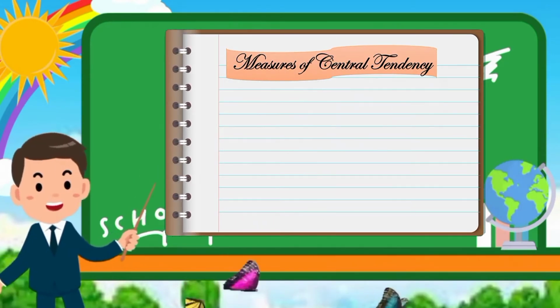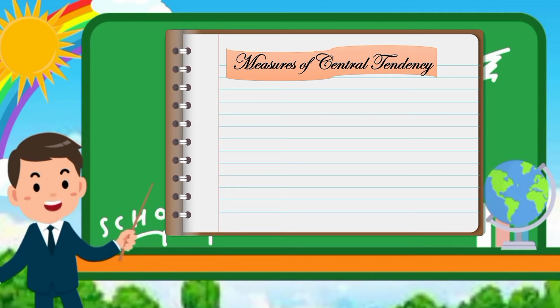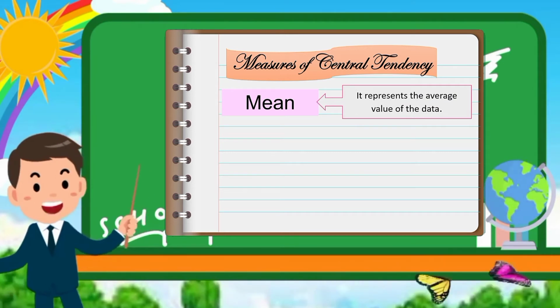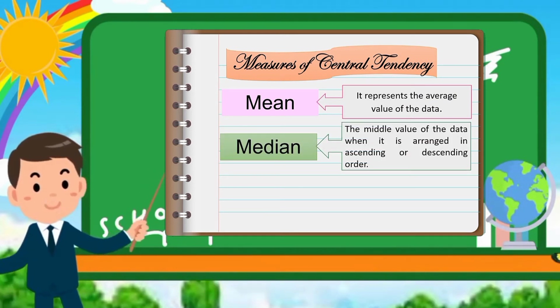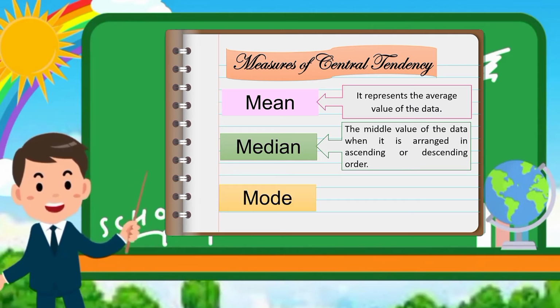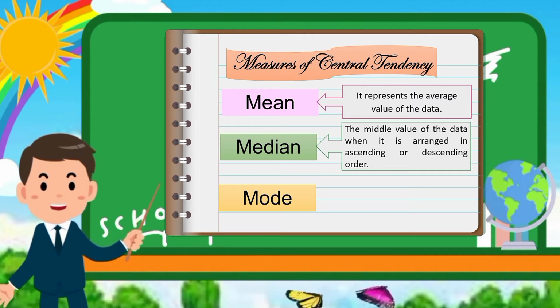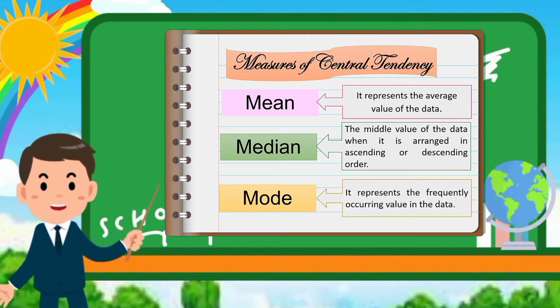In statistics, the three most common measures of central tendencies are: mean, which represents the average value of the data; median, the middle value of the data when it is arranged in ascending or descending order; and the third, mode, which represents the frequently occurring value in the data.